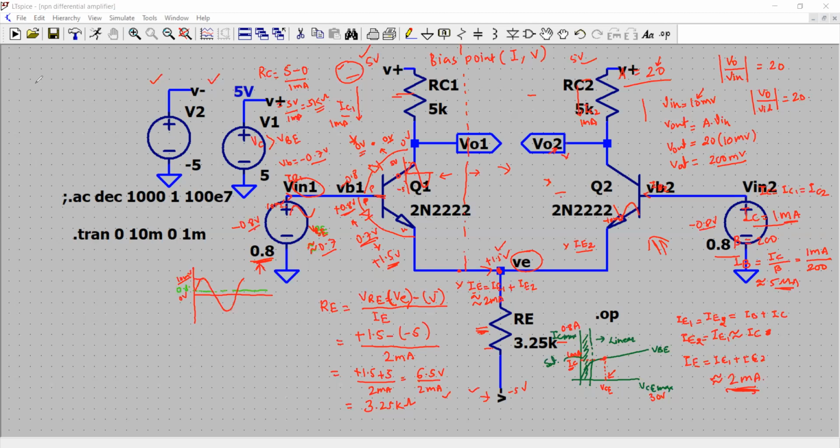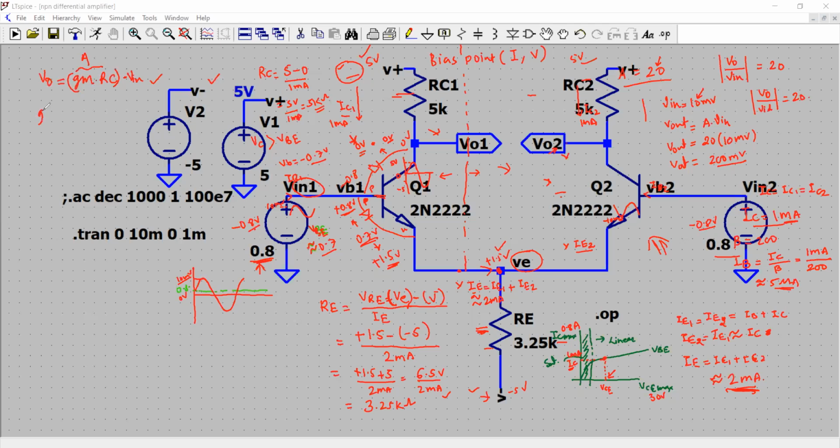So what we see, the output voltage of transistor 1, that is Q1, by formula is given as GM. I'm using it for one branch, so it is applicable to another branch also. So I would not specifically write it for VO1 and VO2. Rather, I am writing it for one branch, so it is applicable to another branch. So output voltage would be GM times RC, that is your gain, multiplied by Vin.